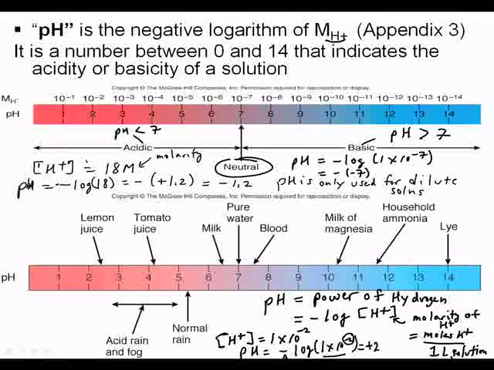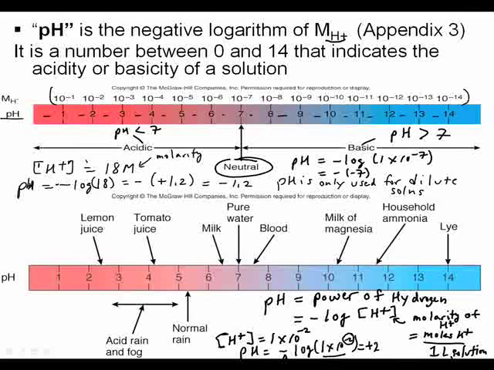We have to have it between 10 to the minus 1 to 10 to the minus 14 in order to get a pH equal to these digits, between 1 and 14. So if we had a concentration of 18 molar, it's inappropriate to use pH.